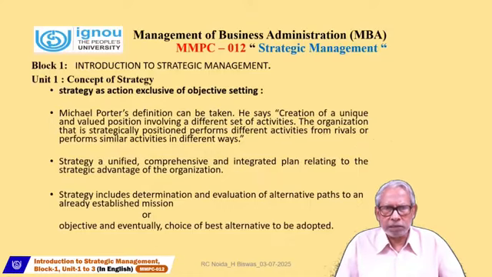Then Michael Porter's definition: he says strategy is the creation of a unique and valued position involving a different set of activities, basically part of your objective settings. The organization that is strategically positioned performs different activities from rivals, or performs similar activities in different ways.